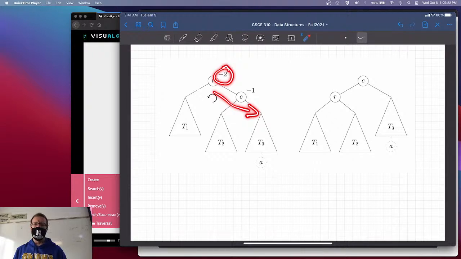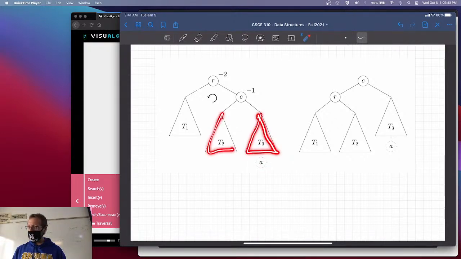We said that, right? Yeah, unbalanced to the right. Then you look at the child. C here is just a stand-in name for its right child. And it's -1, so you know also that it's unbalanced to the left. That's where you just inserted this new thing over here. This is a generalization because this could be an entire tree right here. This could be an entire tree, and this could be an entire tree.